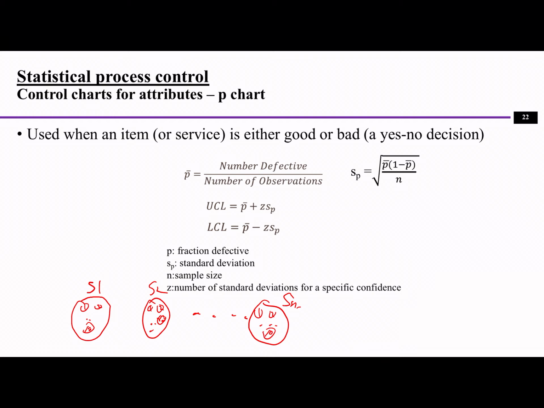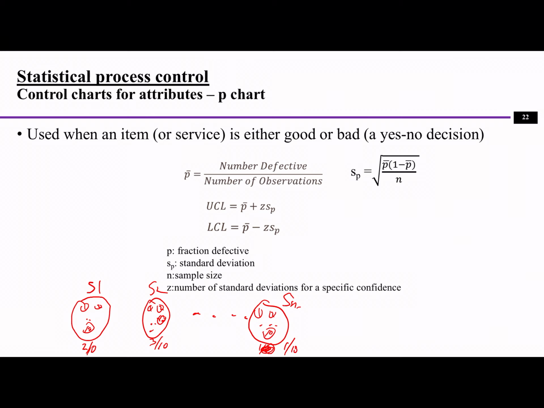I look at whether all these apples are good or bad. In sample 1, there are 2 bad apples, so 2 bad apples divided by 10. In sample 2, there are actually 3 bad apples. In sample n, there is only 1 bad apple.